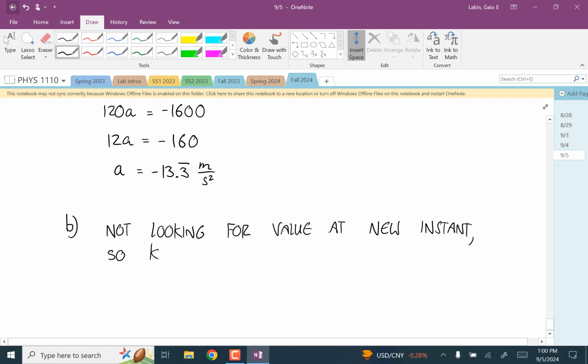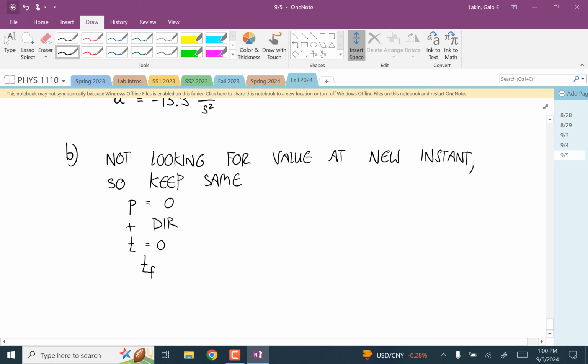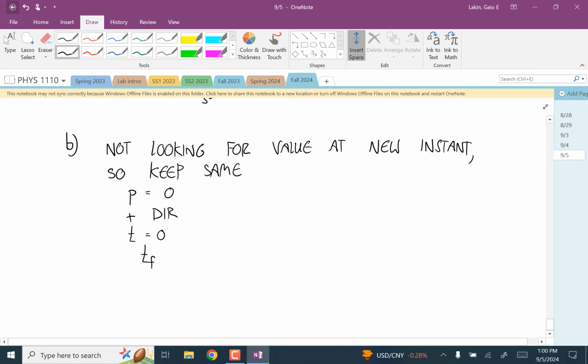We're just going to keep the same position equals 0, positive direction, time equals 0 instant, and time final instant. And the nice thing, if you keep all 4 of these things the same, is that everything that you knew before is still true.